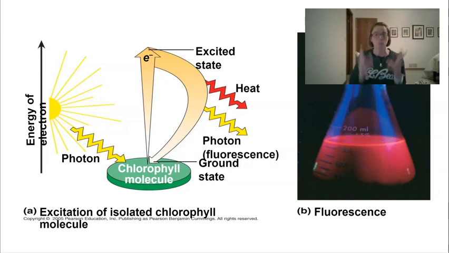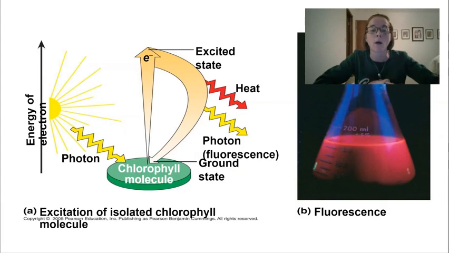When it loses some of that excitability, it's going to come off as heat, because remember, we have to follow the first law of thermodynamics, that no matter or energy is ever created or destroyed, it's just transformed. So we're going to transform light energy into excitability, into heat energy.